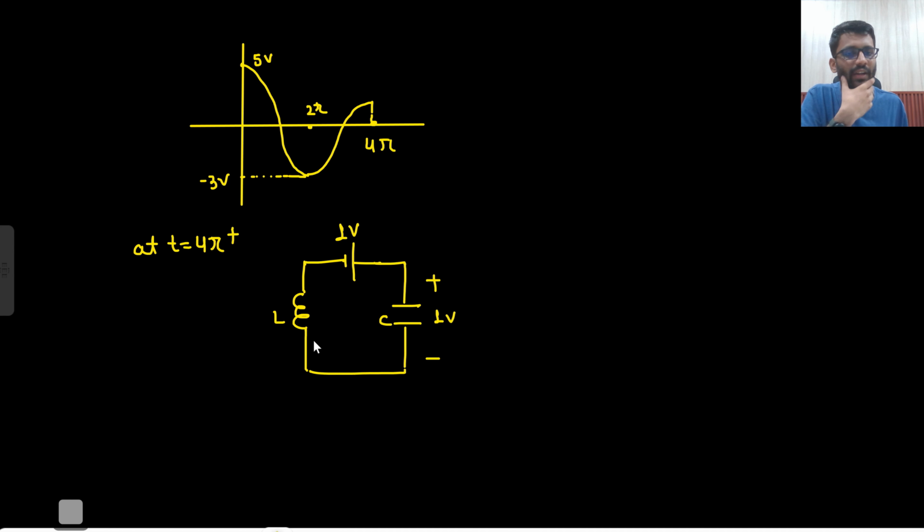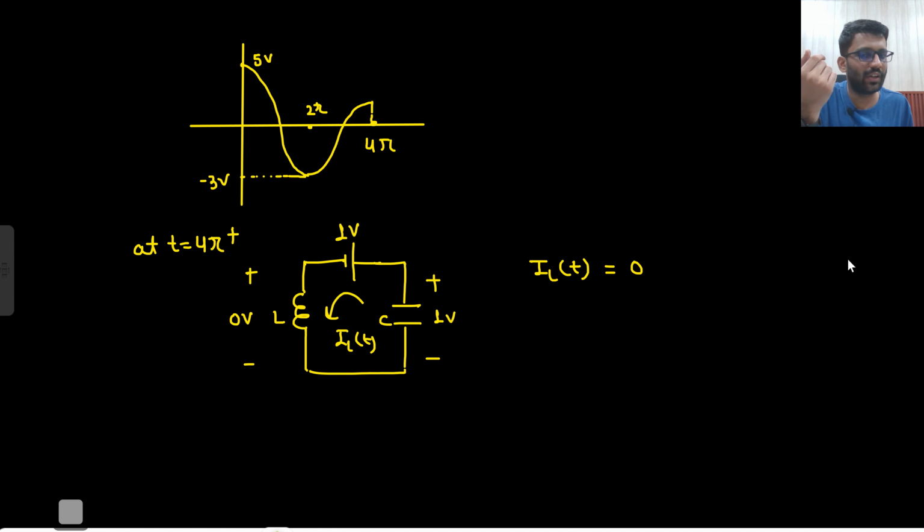Now let's try writing the IL(t) equation. What is the voltage across the inductor? 1 minus 1, 0 volt. So what will be IL(t)? 0 into something, so that would be 0 ampere only.